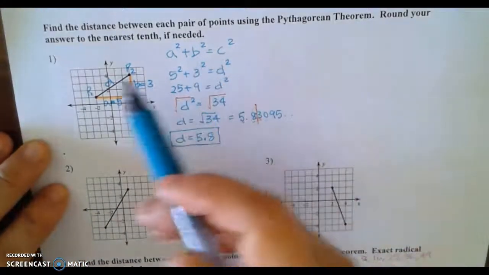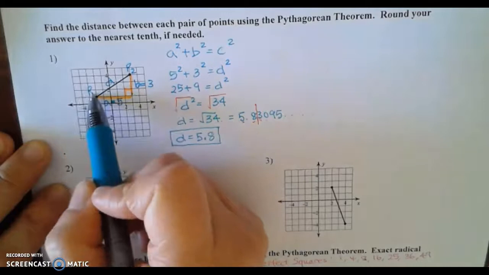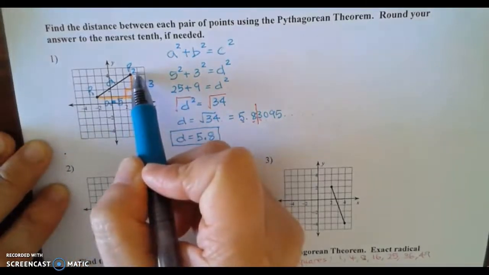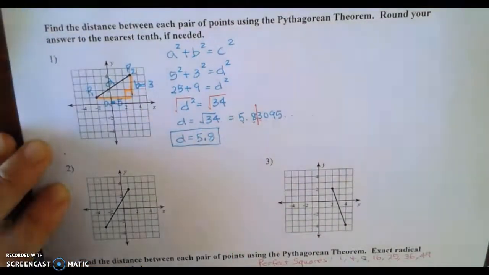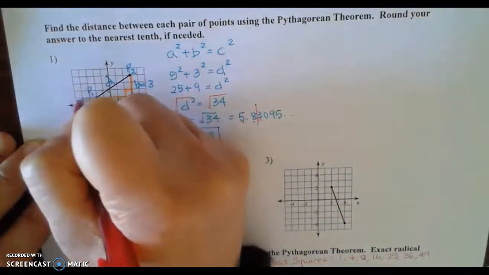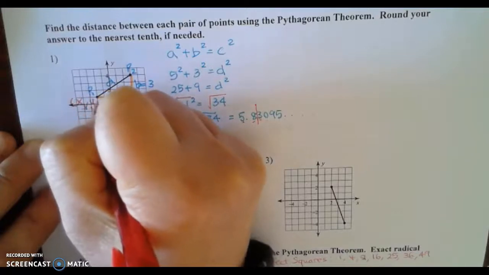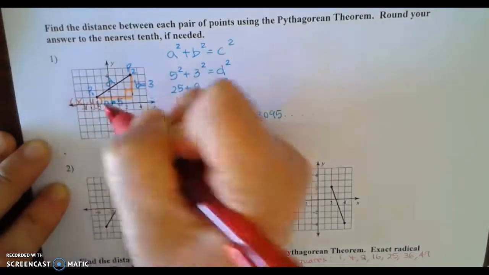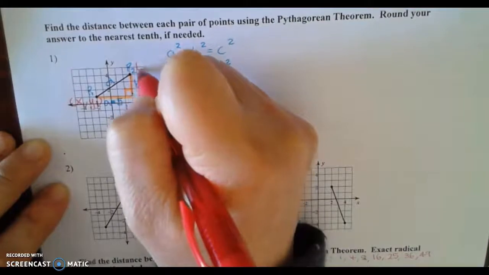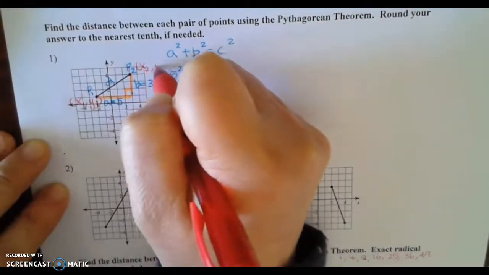So let's see if we can come up with the distance formula. If we are talking about this being point 1 and this being point 2, then we can call the x and y coordinate x1, y1. And this point 2, we can call x2, y2.